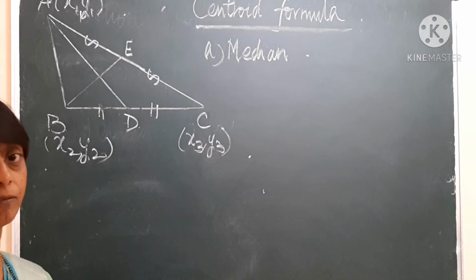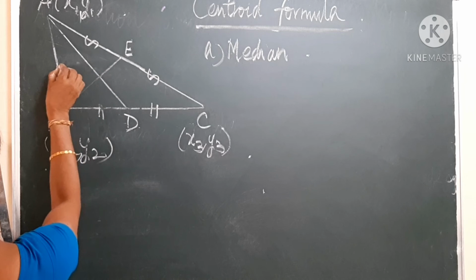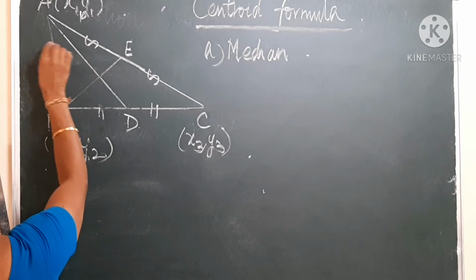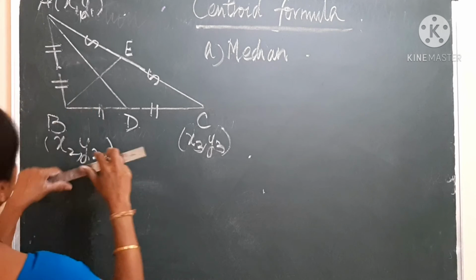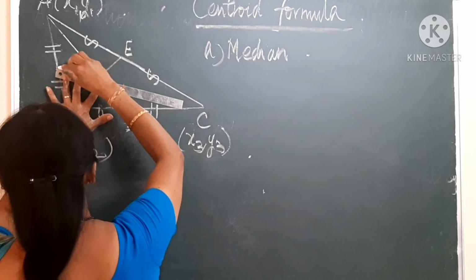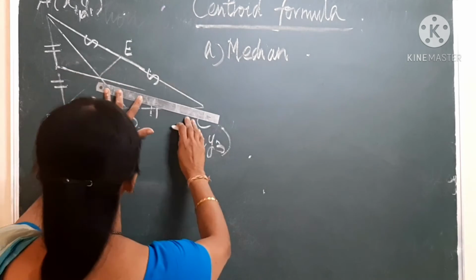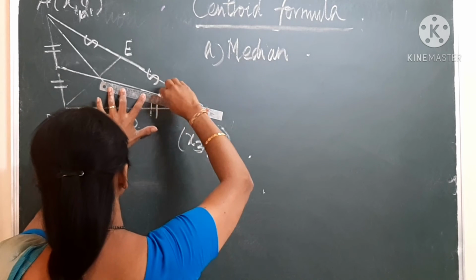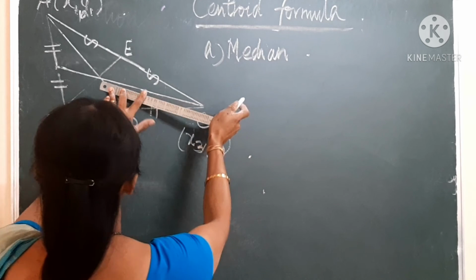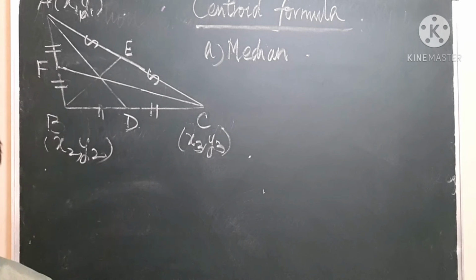Vertex C. So let's join it to the midpoint F, and CF will be called the median of triangle ABC.